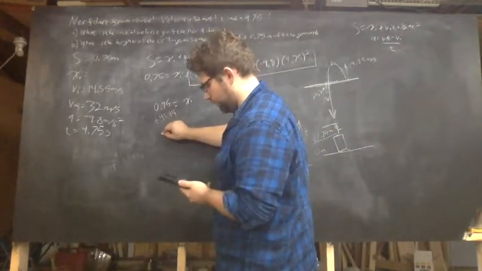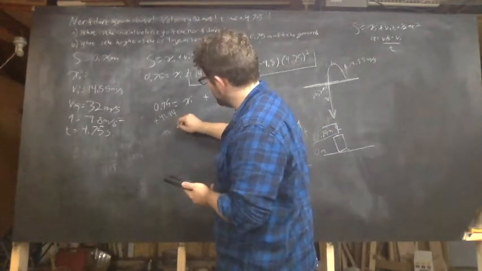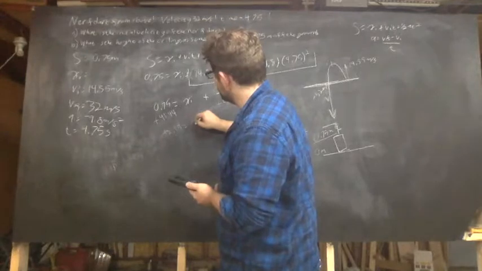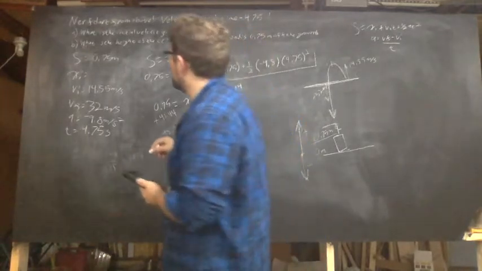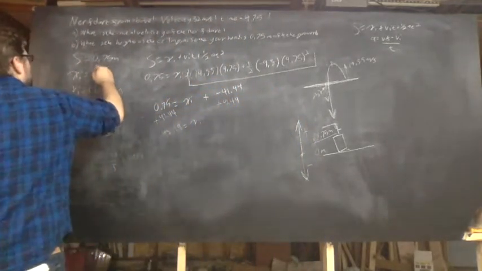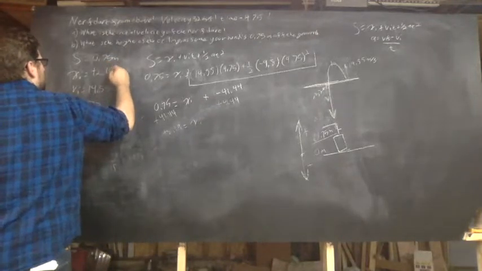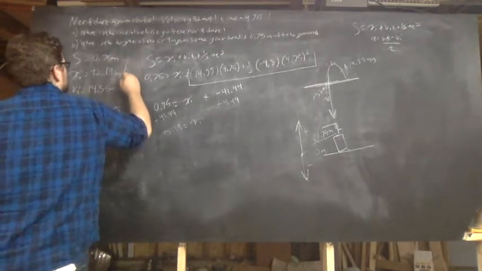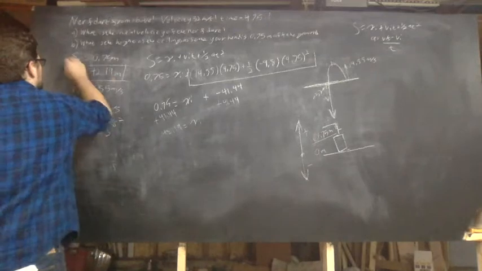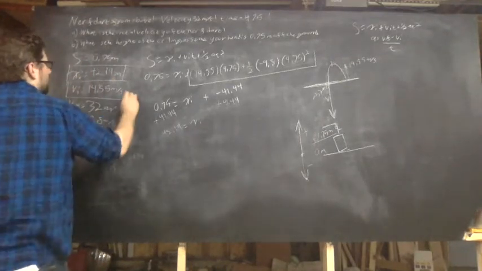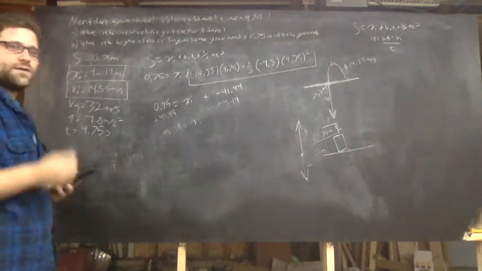That gets me 42.19 as my xi. So 42.19 meters for my xi, and 14.55 for my vi. And this problem is solved.